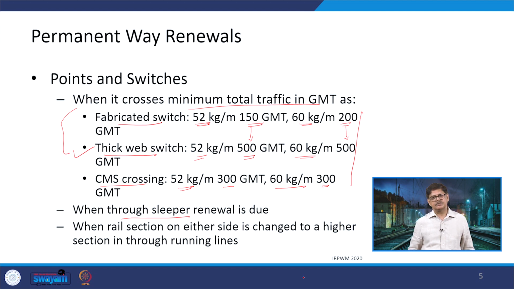In that case also we can look at the points and switches again. When the rail section on either side is changed to a higher section in the through running lines, at that point, because when you are changing the rail sections, the other things can also be changed, so that the requirement of the maintenance comes at the same time, not at different times, and again you have to go for those types of component renewals.